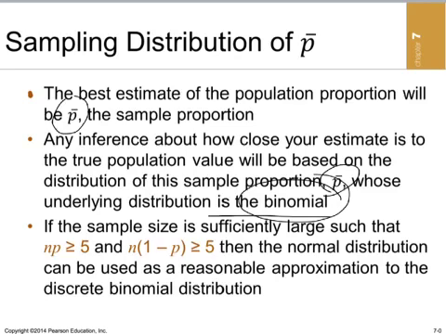Well, if the expected value of the number of cases with the attribute is 5 or more, and the expected value of the number of cases without the attribute is also greater than 5, then we could use a normal approximation. So notice we take n, the sample size, times a proportion, and we're saying that if that is greater than or equal to 5, and n times 1 minus p, so that's the expected number without the attribute, is too, then we could use a normal approximation.